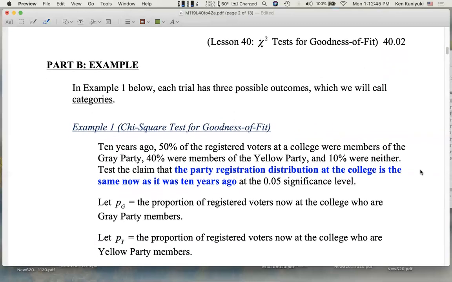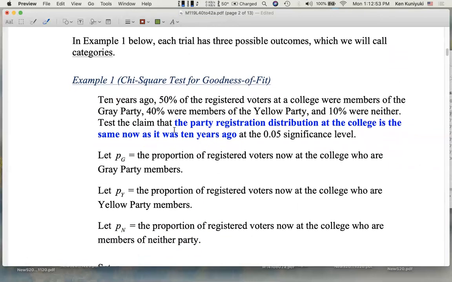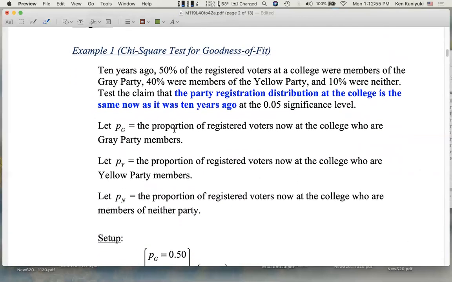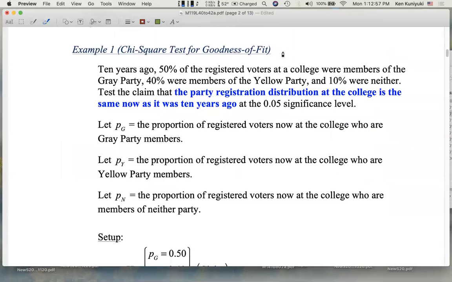Let's do an example. In example 1, each trial has 3 possible outcomes, which we will call categories. Example 1, chi-square test for goodness of fit with respect to a particular distribution indicated by the null, which may or may not be the claim. 10 years ago, 50% of the registered voters at a college were members of the gray party.